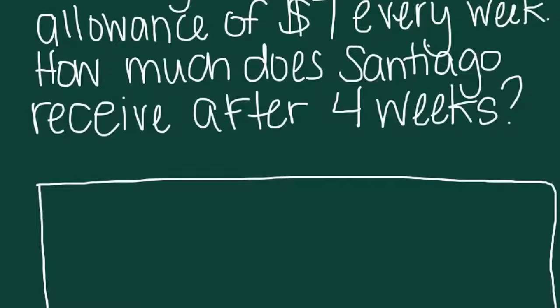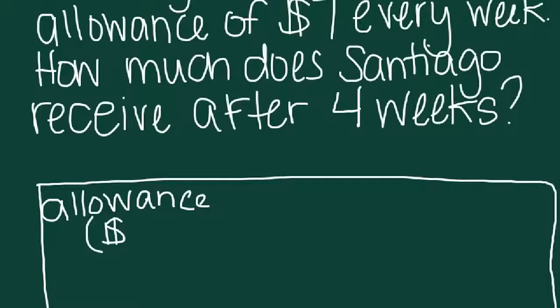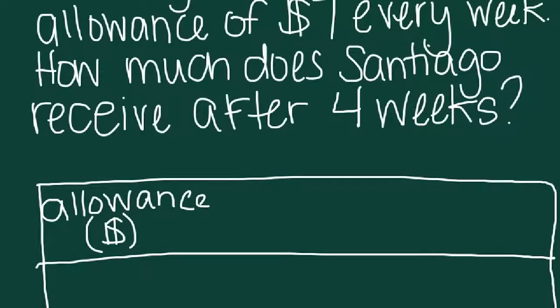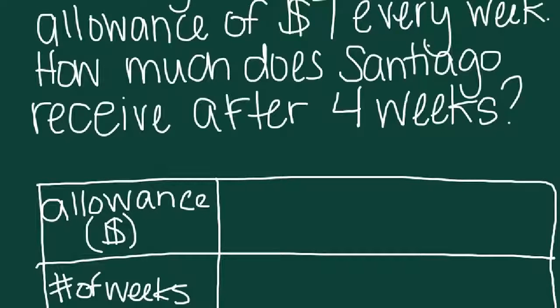We're going to have allowance, which is in money, so we write our label there. And here we have number of weeks. We know after 1 week, Santiago receives $7.